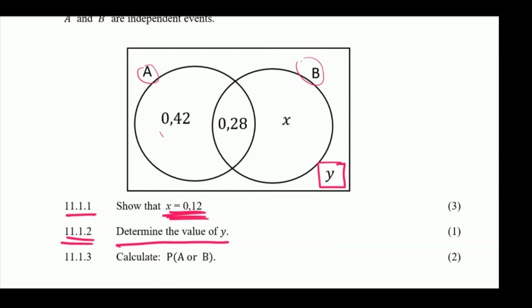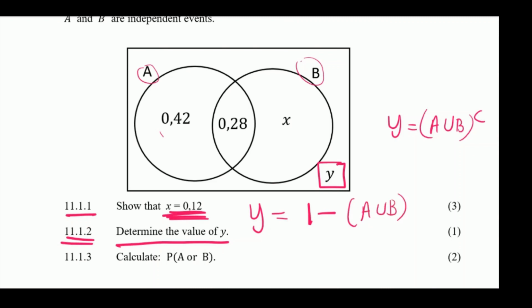So for us to find the probability or the value of y, we need to say y is equal to 1 minus, so the complement, so it's basically y is equal to the complement of A union B, right? That is that. So for us to find that, we're just going to say 1 minus the union of A and B, right?